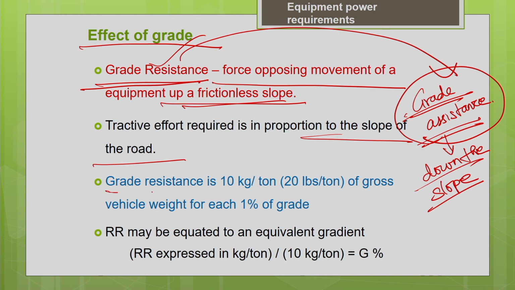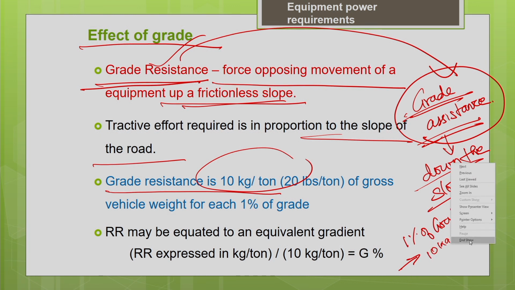Now let us see how to calculate the grade resistance. By simple elementary mechanics, people have worked out this relation. For 1% of grade, the amount of tractive effort needed to overcome this 1% of grade is 10 kg per ton.